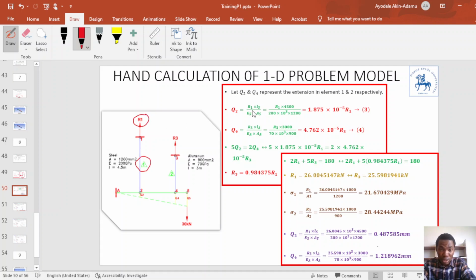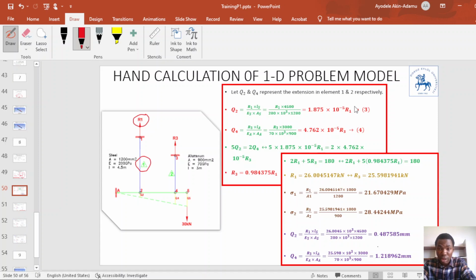So we say R1 times the length of finite element 1, which I call LS, length of steel, the Young modulus of steel, which I call ES, the area of the steel, which I call AS. So this is PL over EA. Q2 is the extension, so Q2 equals this equation.